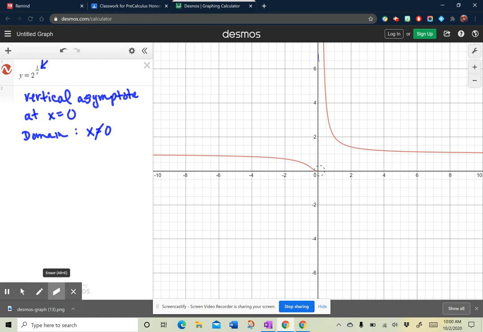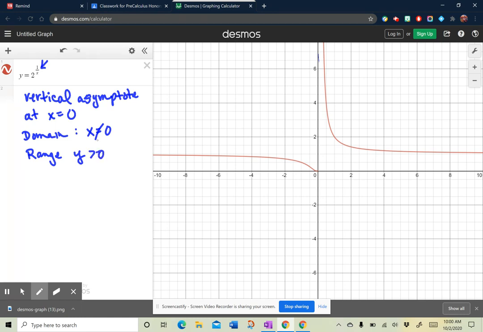Okay, so now if we use Desmos, we have this point right here, which is 0, 0, which is actually not defined, because x cannot equal 0. All right, so even though Desmos says it shows up, it really doesn't. And it also looks like we have a range of y is greater than 0.